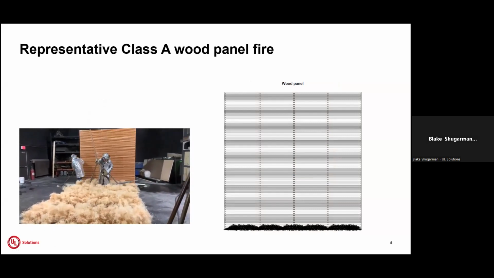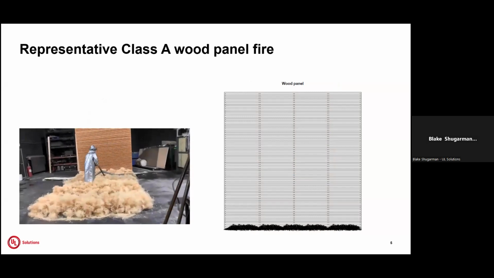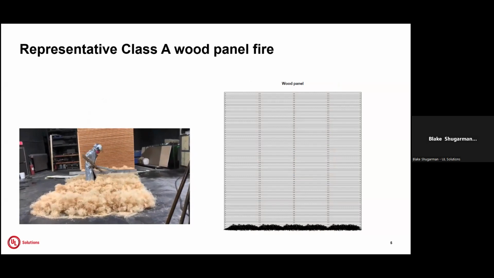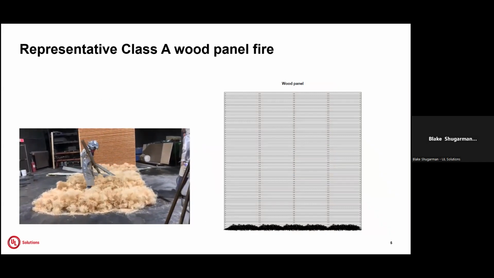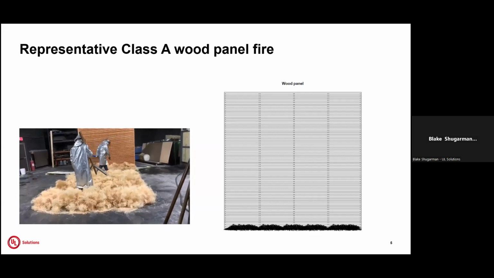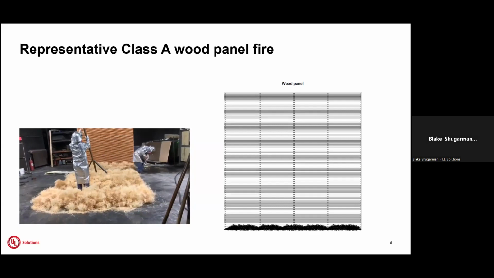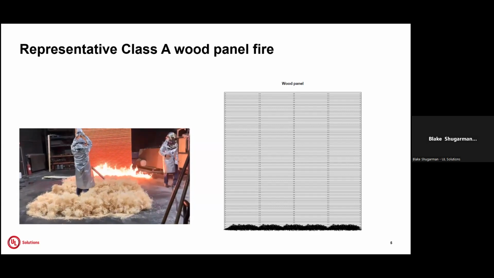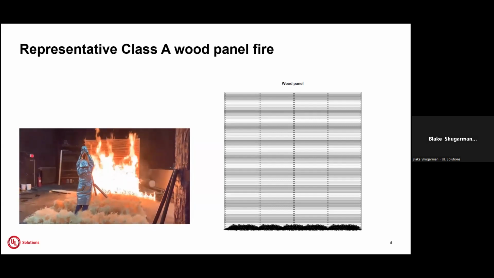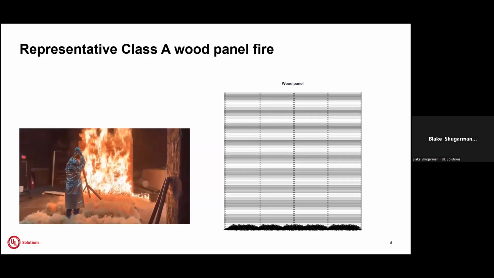The first windrow of Excelsior, which is shaved wood, is placed at the base of the panel. And a wick of heptane is sprayed on the floor. The wick is ignited, the Excelsior ignited, the kerosene ignited, and the panel ignited.